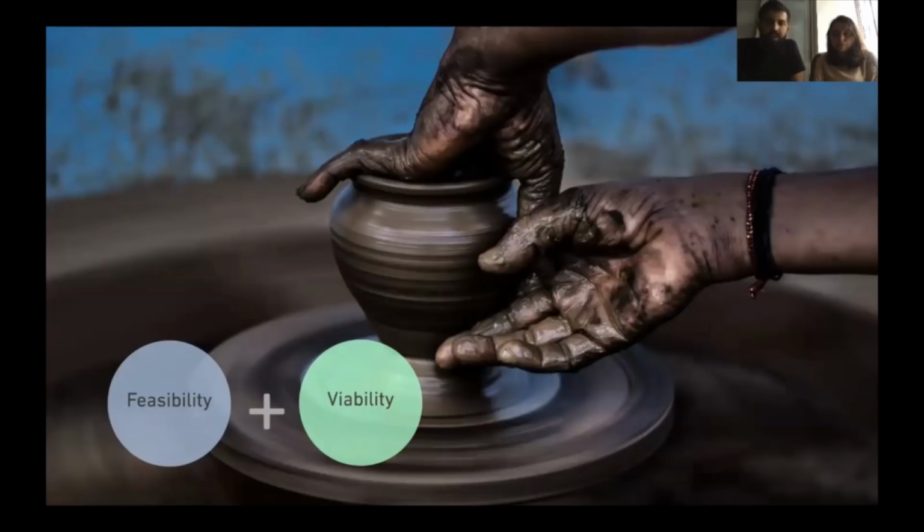If a pot can be built from nearby resources very easily, it has feasibility. It also has viability because it definitely helps you carry water. But if the pot is not in the right shape, fit, or size, it doesn't attract customers, and it might not be utilized or bought at the right value that it is being made for.